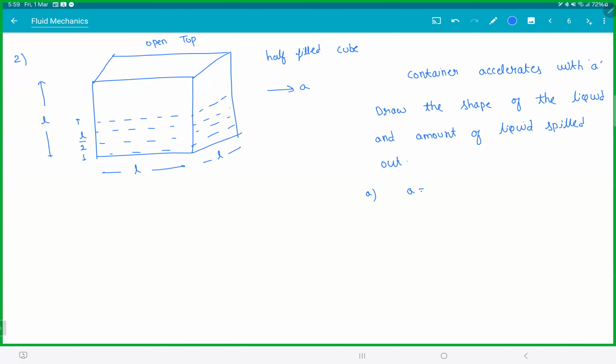First case, acceleration is equal to g by root 3. Second case, if A is equal to g. Third case, if A is equal to g root 3. Three different questions. If the container accelerates with g by root 3, draw the shape and find the amount of liquid that spills out. Then if A is equal to g and A is equal to g root 3.